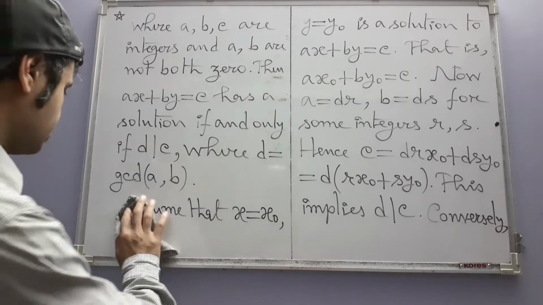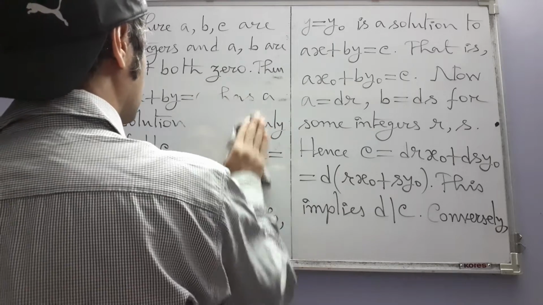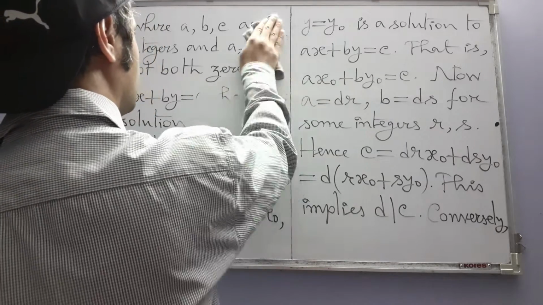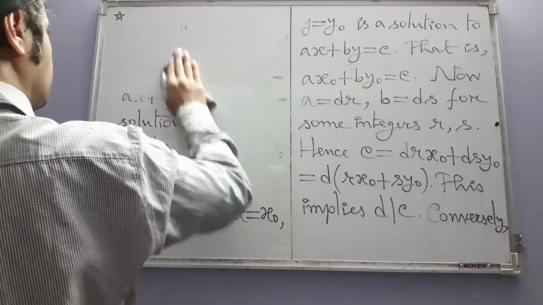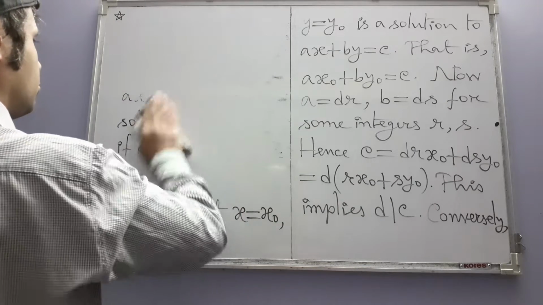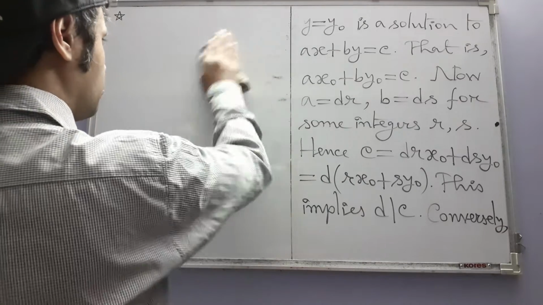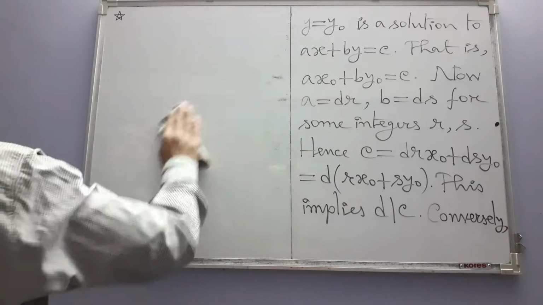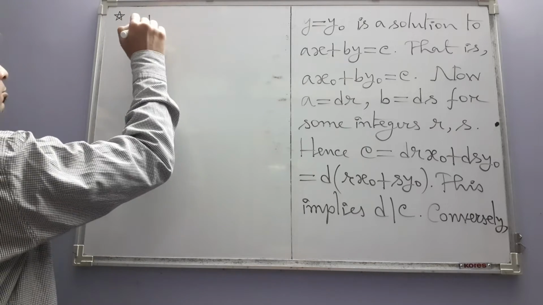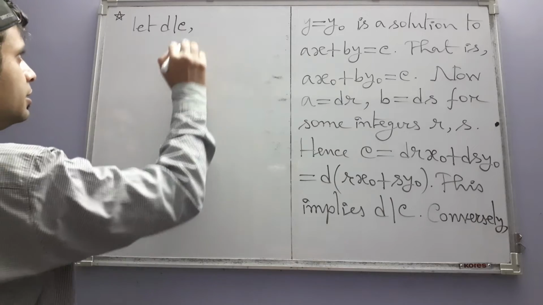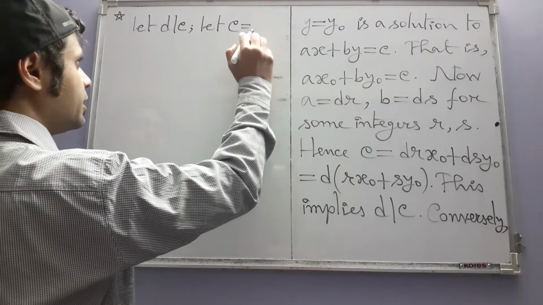let d divide c. That means c is some integer multiple of d.